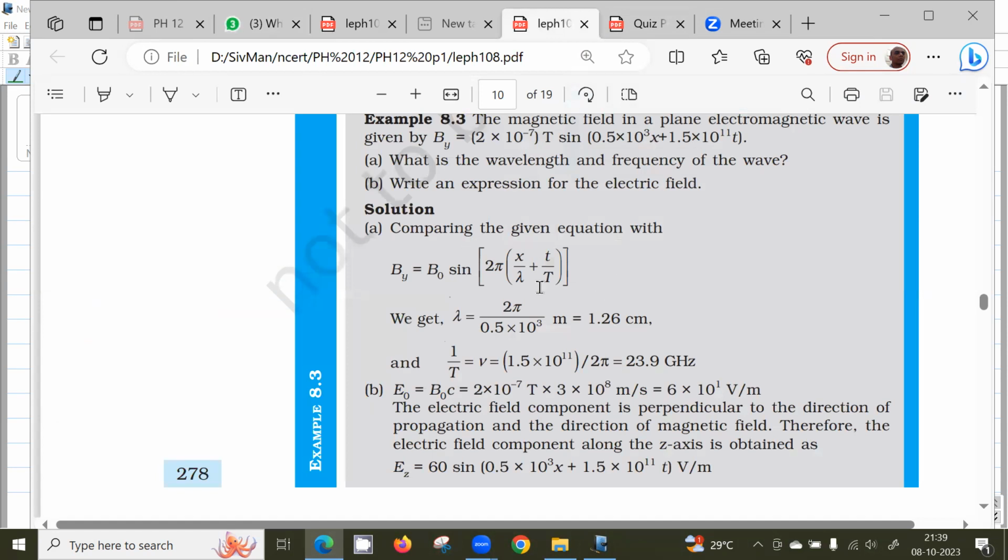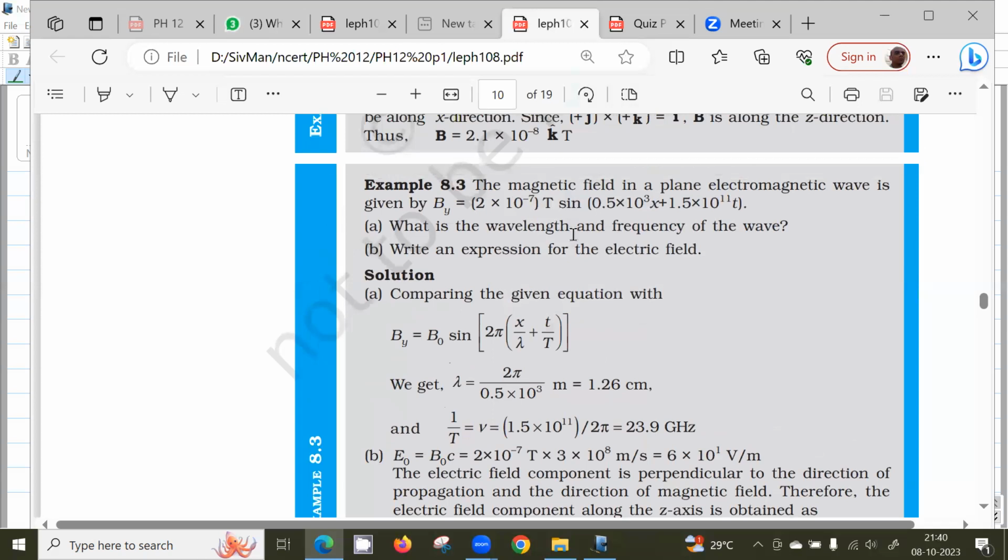In this form, whatever waveform is given, you can compare with it. From this I'll get lambda and capital T, and frequency is 1 by capital T. Let me take this example. If you compare this with the standard format, 2 pi is missing, right? So whatever is there, 0.5 into 10 raised to 3, that is 2 pi by lambda.